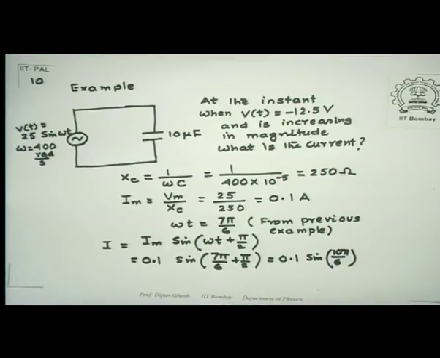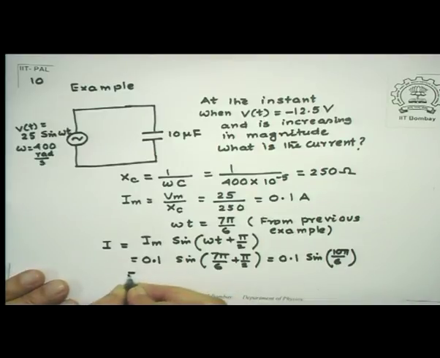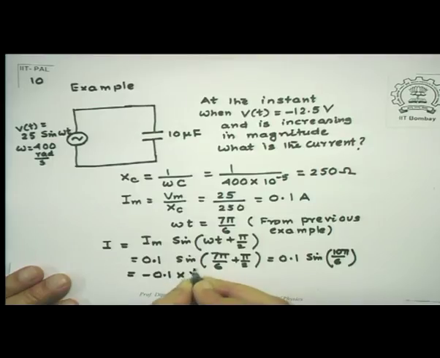The sine of 10 pi by 6 takes it to the fourth quadrant. So therefore, what happens is this, that I will get a negative value of the current, and that would then be equal to minus 0.1 into square root of 3 by 2, that's equal to minus 0.085 amperes.